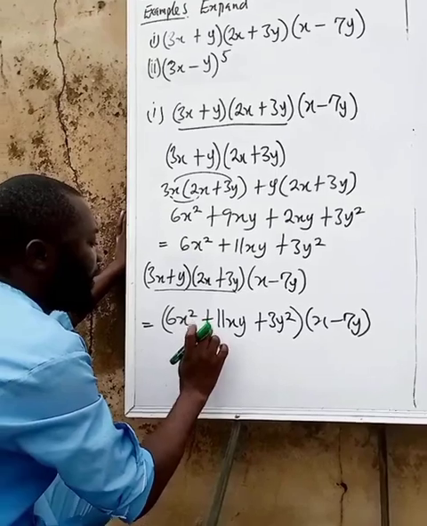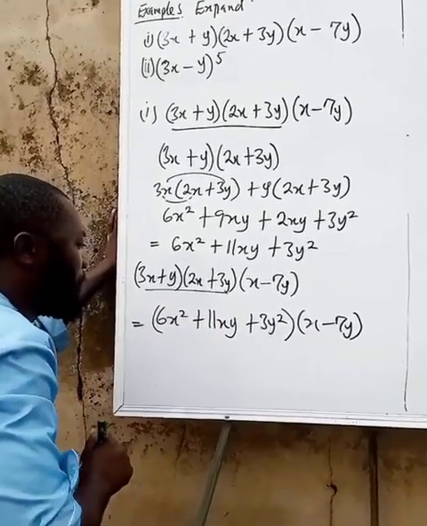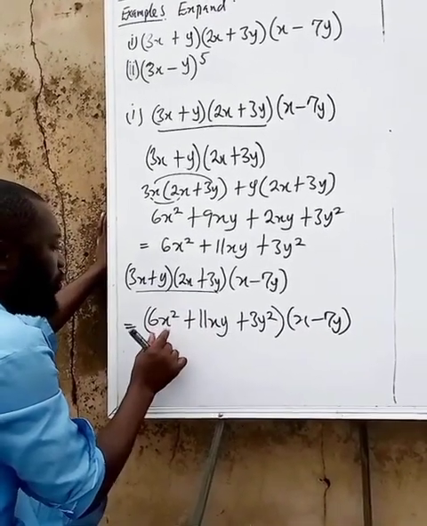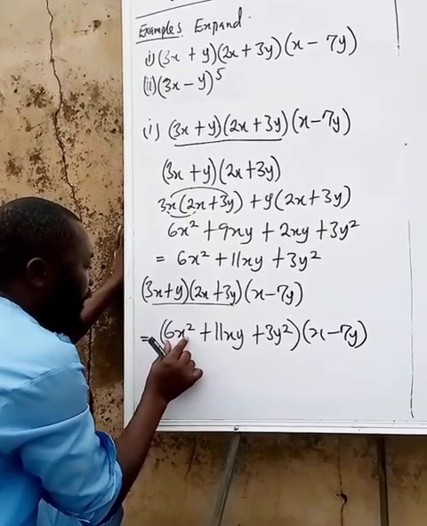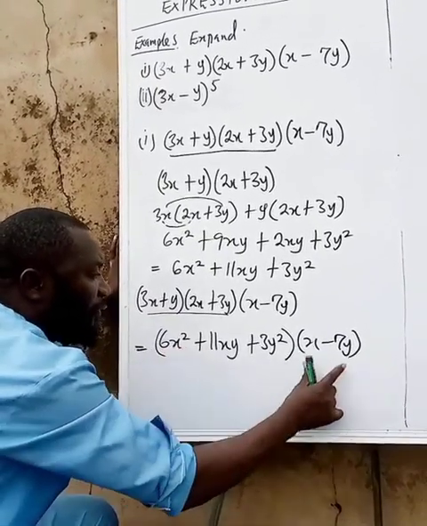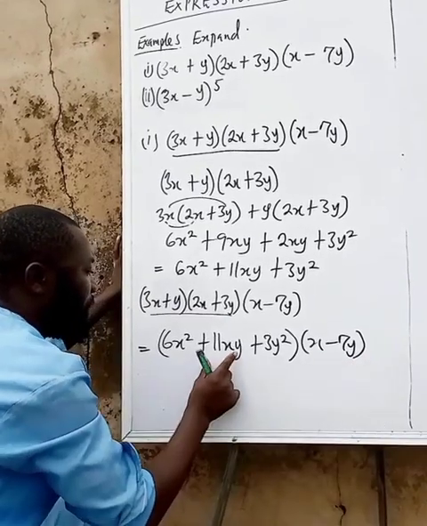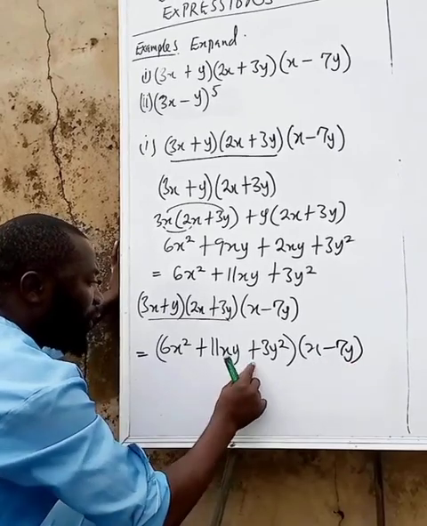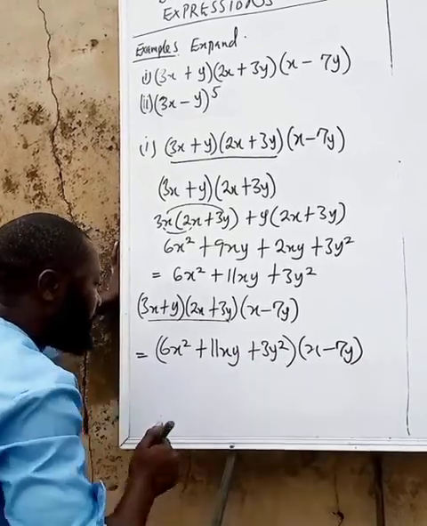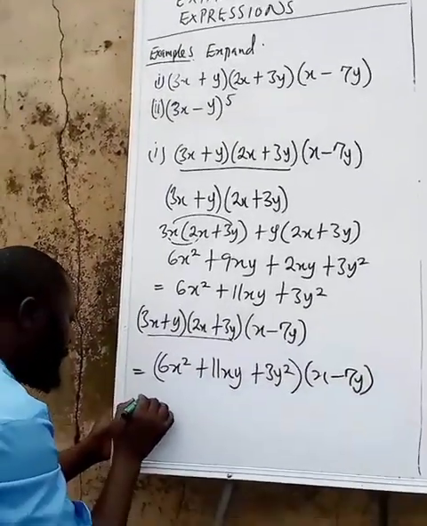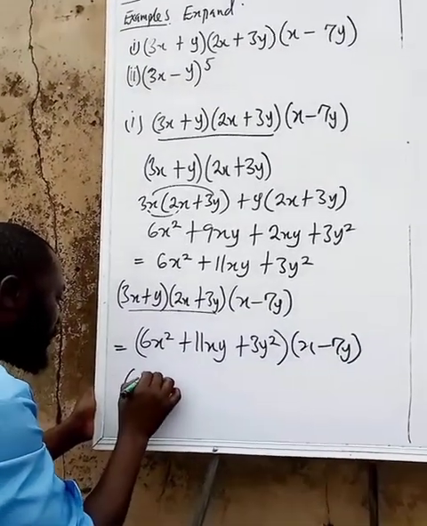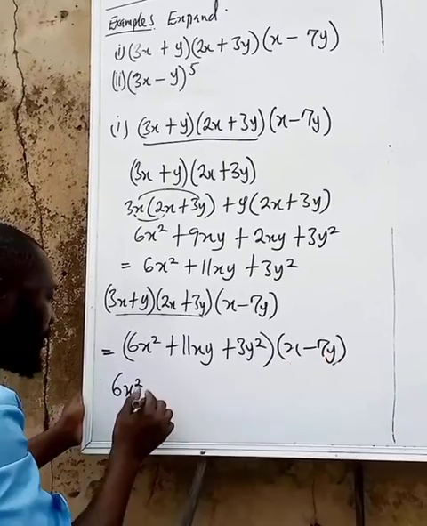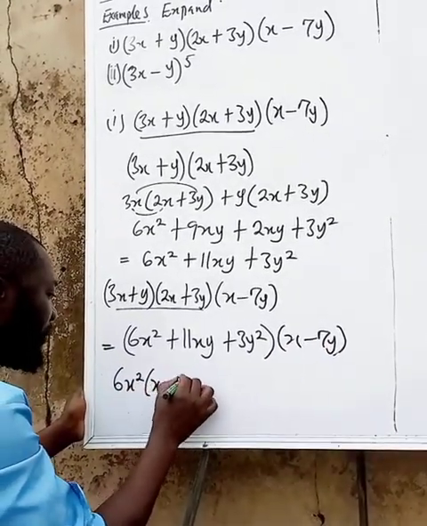So we want to multiply this one by this. You multiply the 6x squared by everything in this bracket, plus 11xy multiplied by everything here, plus this also multiplied by this. So now let's do that. So we have 6x squared multiplied by everything, that is x minus 7y.